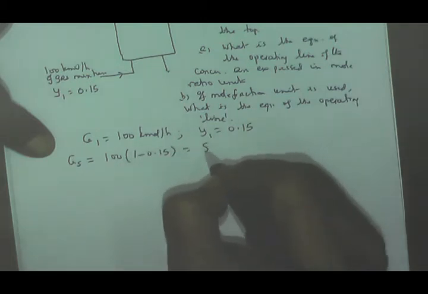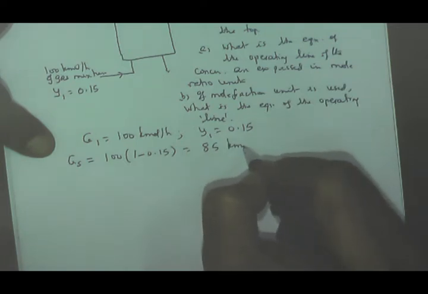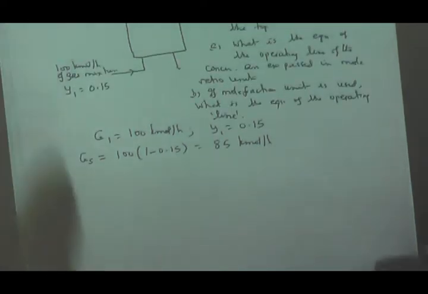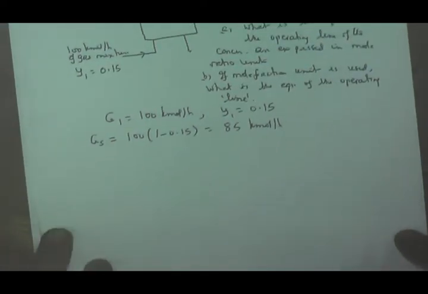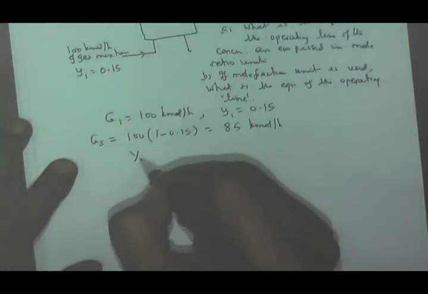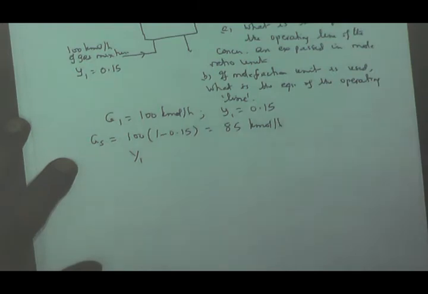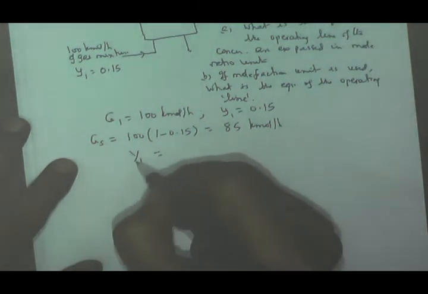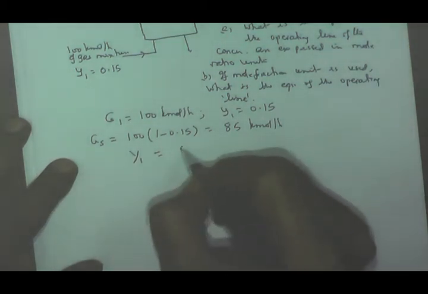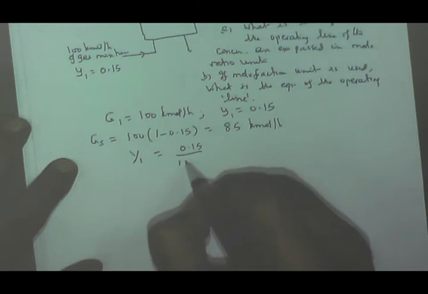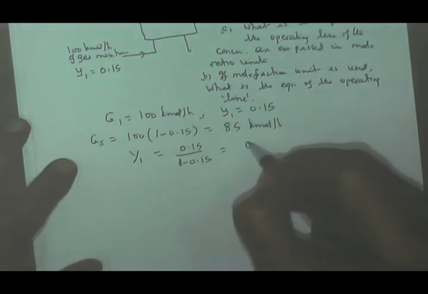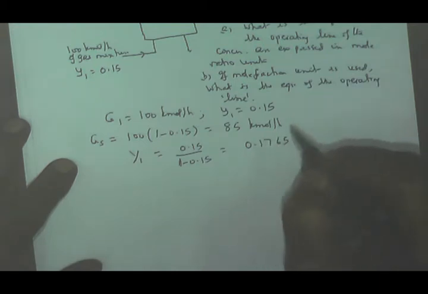So that is 85 kilomoles per hour. That is the solute free part. What is capital Y1? Capital Y1 is 0.15 over 1 minus 0.15, which is 0.1765.